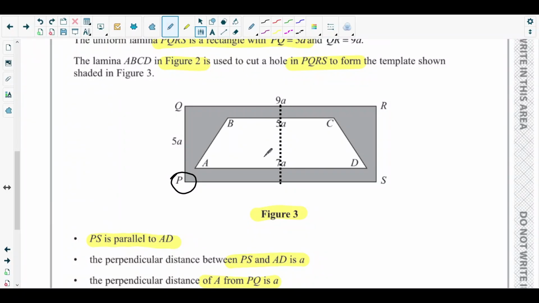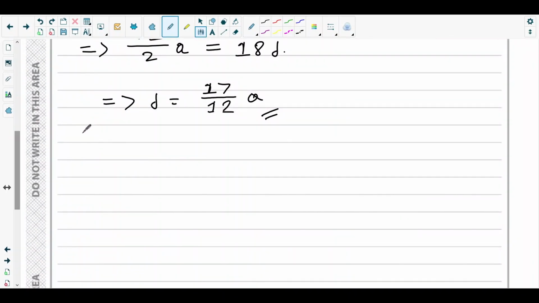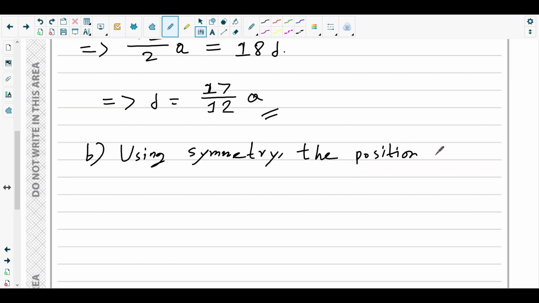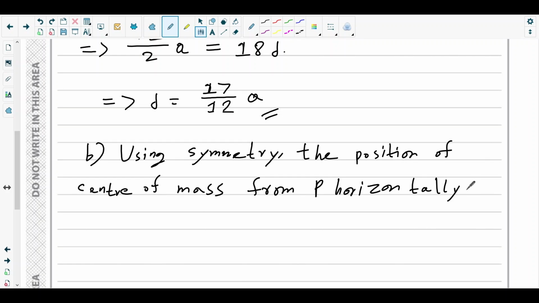If you consider the position of the center of mass from the point P, horizontally, using symmetry, it is x along the x-axis, x equals 9 over 2 a.